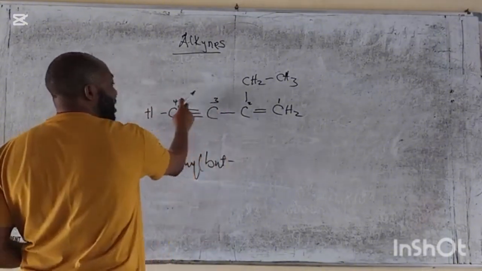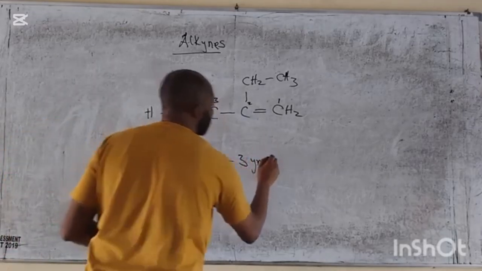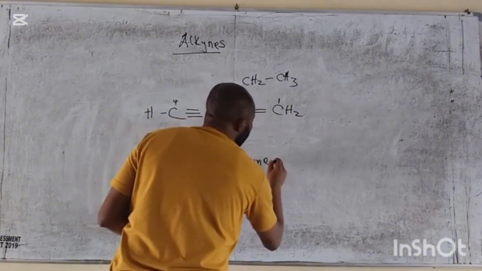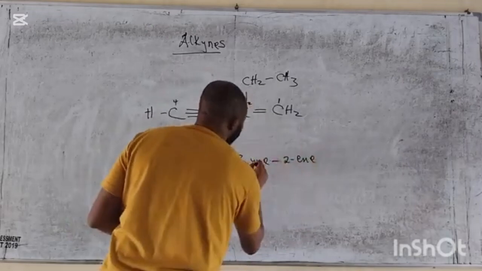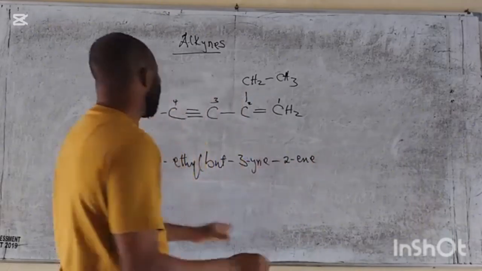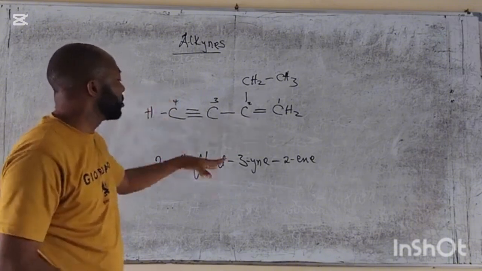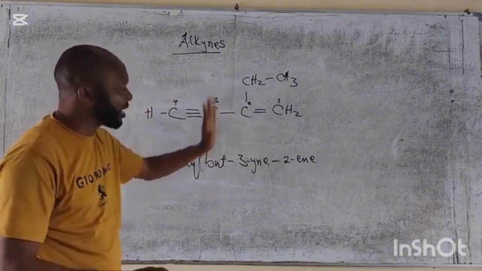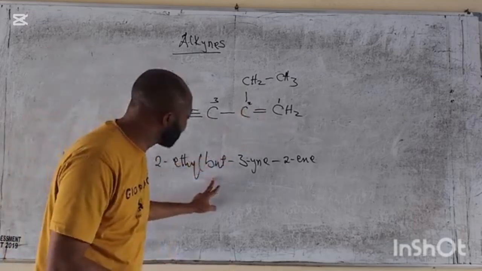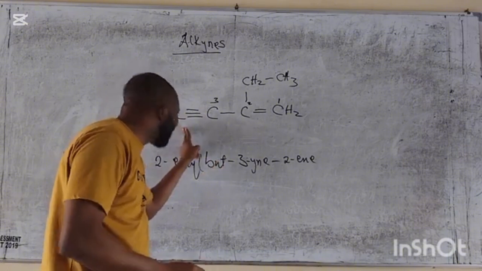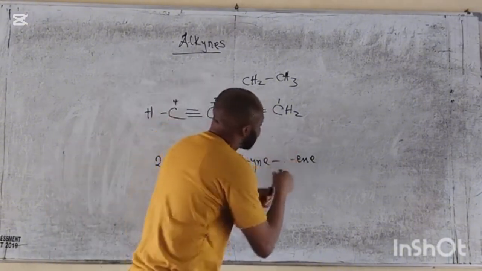This is 3 first, 3-yne. 1-ene. Now this is supposed to be, if it is just this, 2-ethyl-2-butene or butane, as the case may be. But I have more than one multiple bond. So this becomes 2-ethylbut-3-yne... oh, sorry, it's 1-ene, not 2.